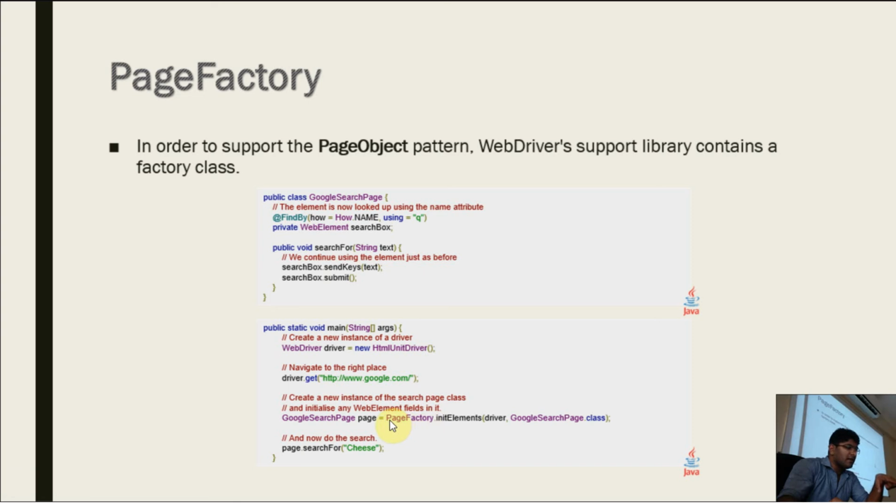We just tell the page factory to initialize the elements, passing the driver and the type of the class. That's it. Then it will initialize these text boxes, and just after that we can do the search. So we don't need to worry about writing find element like that. It makes life easier.